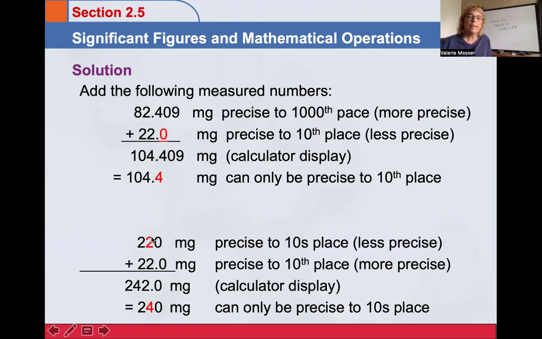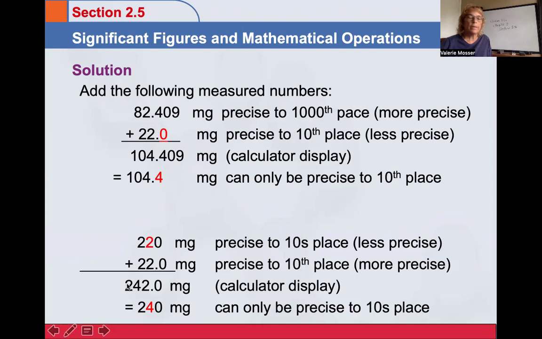220 is precise to the tens place because this 0 is not significant. Trailing zeros in a number with no decimal place are not significant. 22.0 is precise to the tenths place. It is the more precise value.